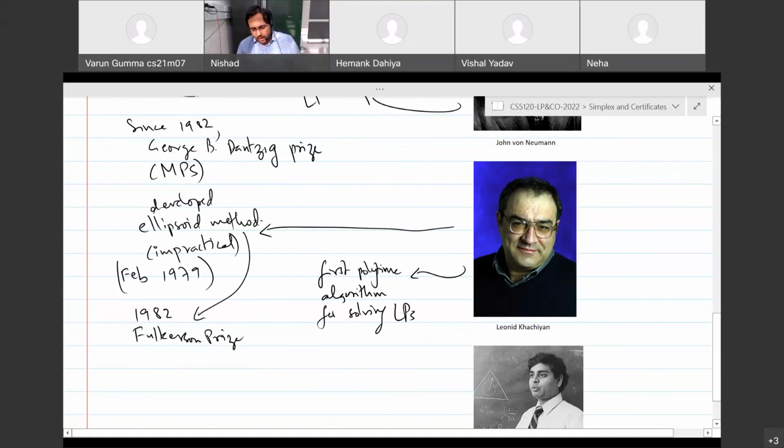Okay. So I honestly do not know much about the ellipsoid method. I would like to learn at some point. Apparently what it does is it generates a sequence of ellipsoids, which are like ellipses, but in higher dimensions, whose volume is uniformly decreasing at each step and eventually hits the minimum or maximum of the optimization problem.